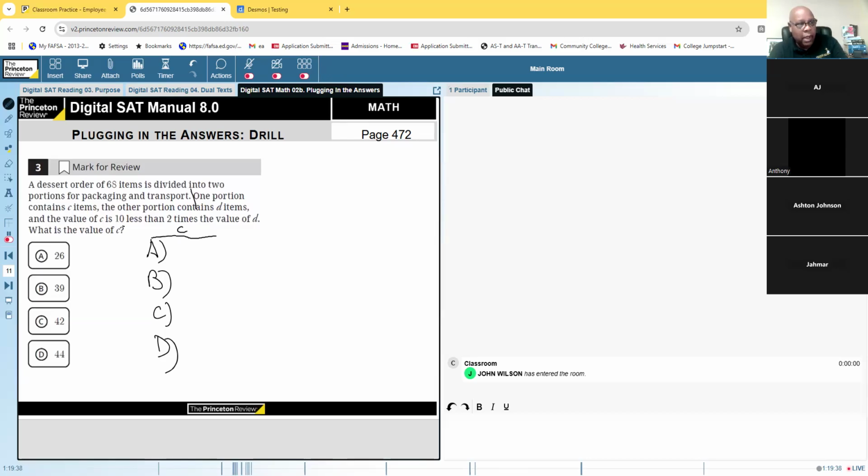Anthony, right there. These numbers represent possible values for C. The test is trying to tell you the answer. It's one of those 4. And so you're going to use those 4 each to figure out what the answer is by elimination. And the way we do that is PETA. Starting with B, which is 39, we're going to have a D, evidently.